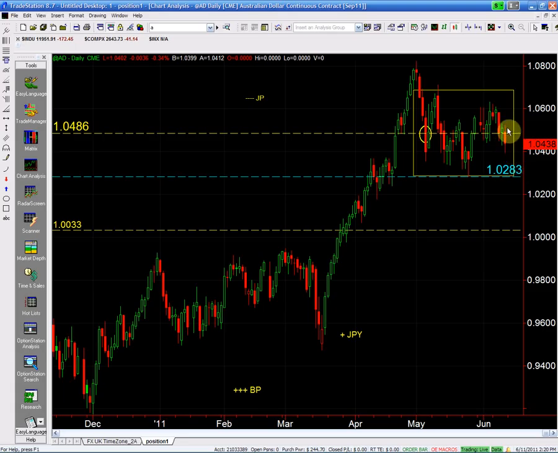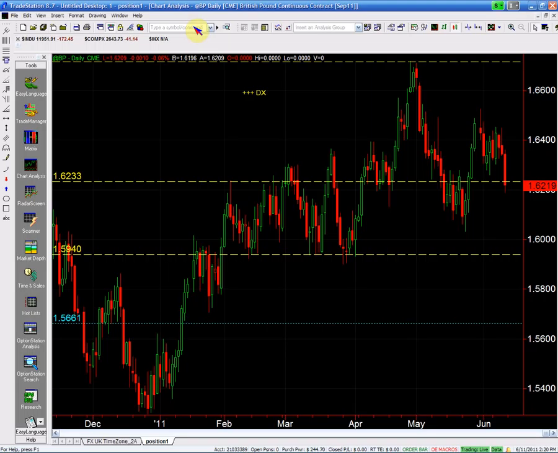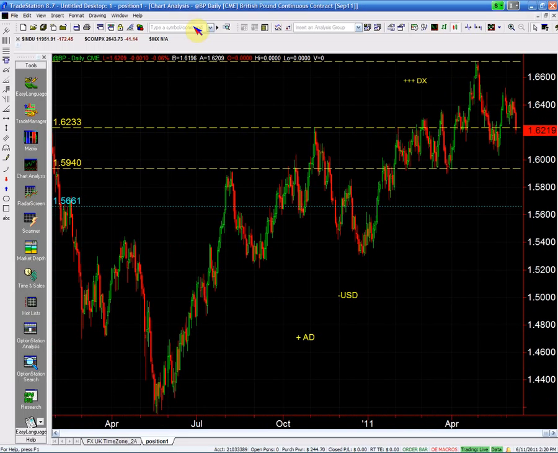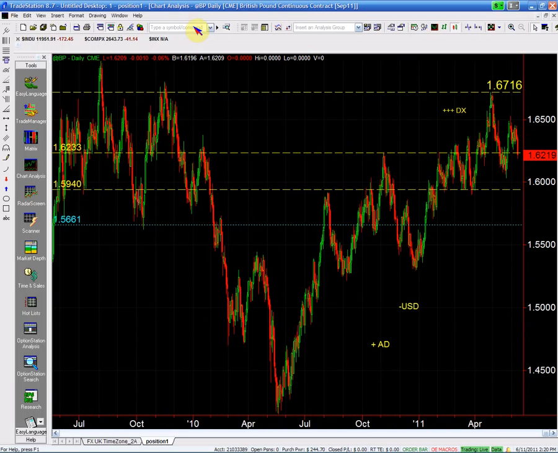If I look at the British pound, this is now in a pretty bad shape. The British pound is the first currency that we have seen today that has a major sell signal. Here you have a minor structural point.